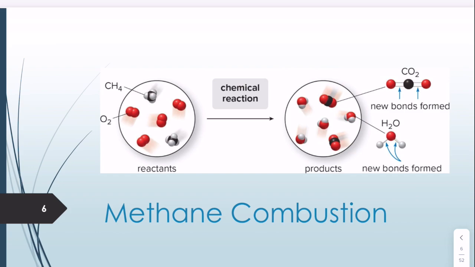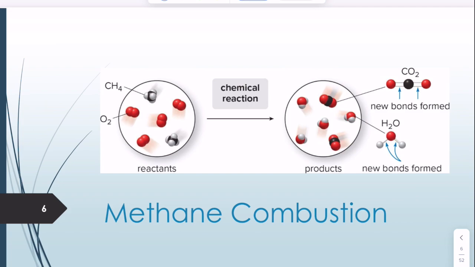So we write a chemical reaction from left to right. We have what are called reactants here on the left and products here on the right, with this little arrow indicating that we're going from reactants to products. So we start with the reactants and we end up with products.